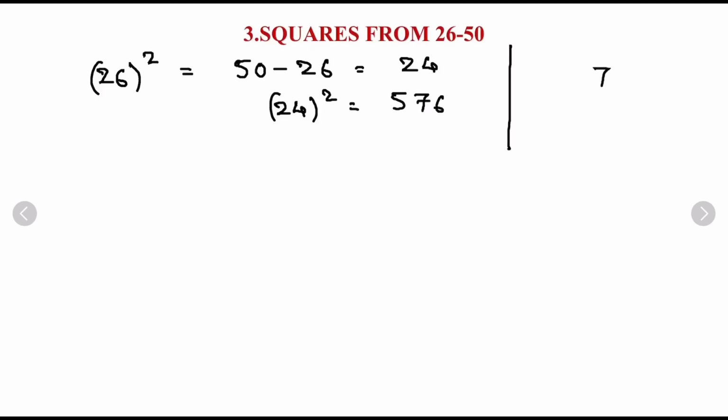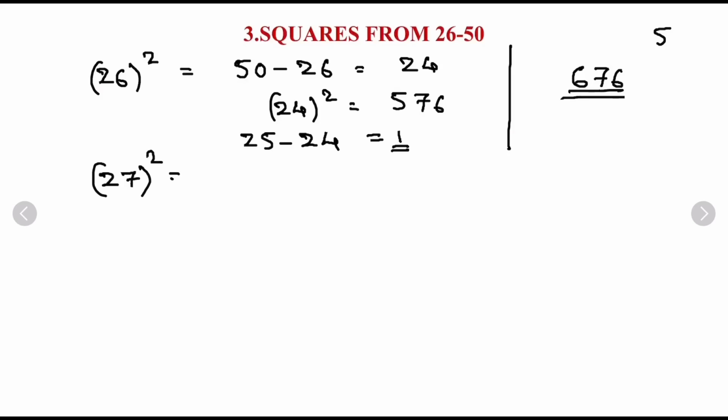So keep 76 and 5 carry forward. As 26 is less than 50, subtract 24 from 25. So this is 1. So 1 plus 5, 6. 676 is the answer.